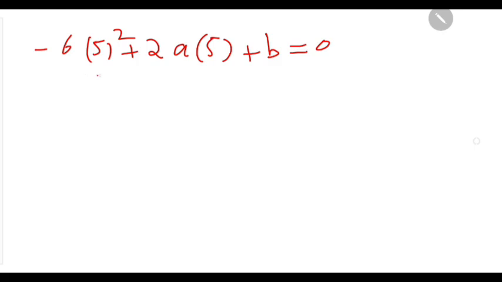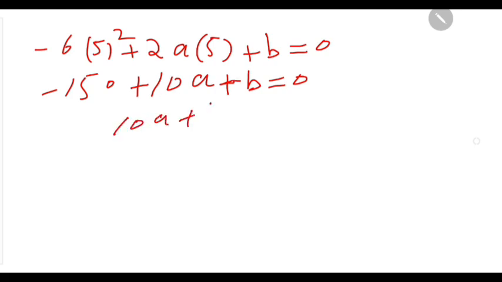Now I'm going to use the calculator: -150 plus 10a plus b is equal to 0. Now 10a plus b equals 150, because -150 switched over this side becomes positive 150, and that's going to be my equation number 2.